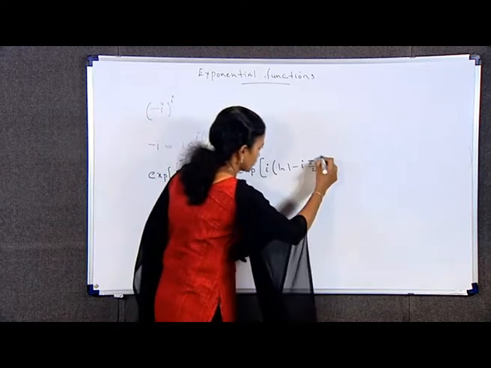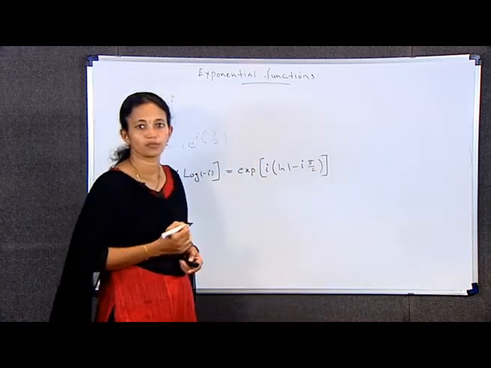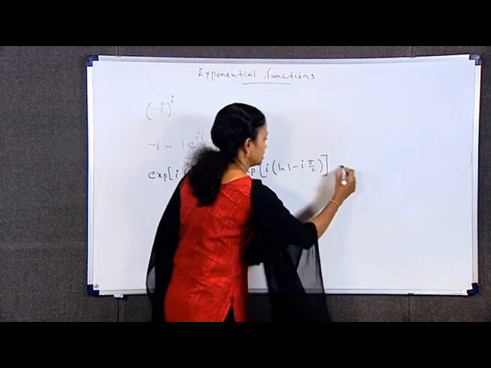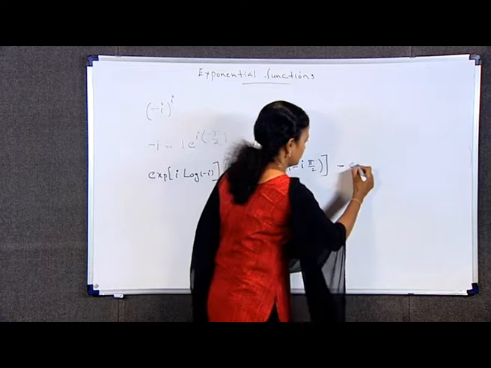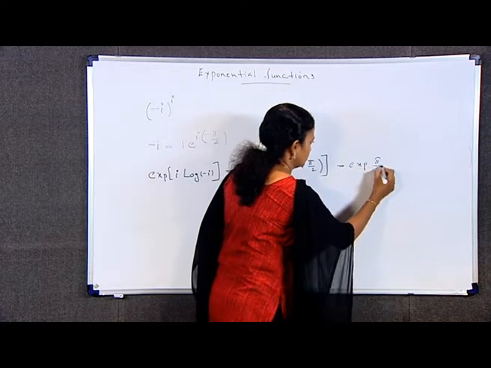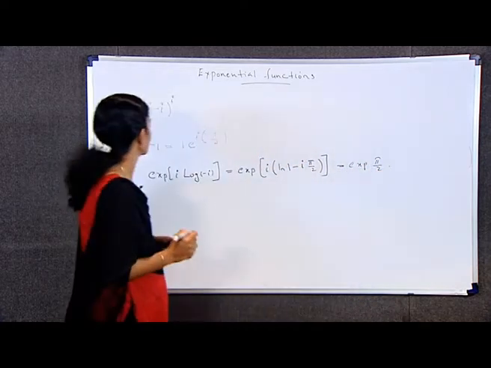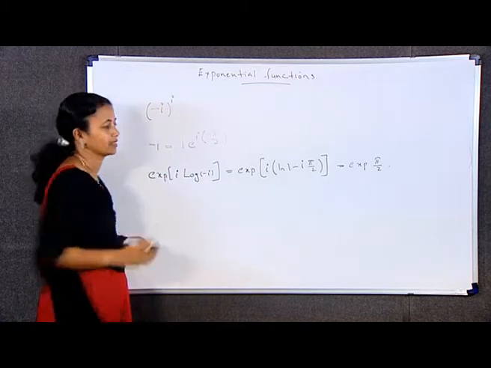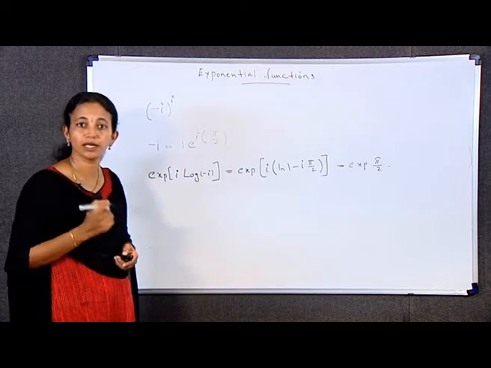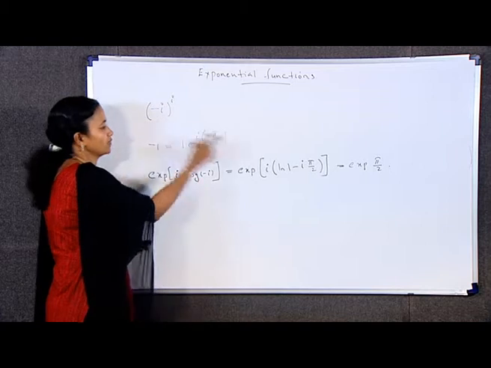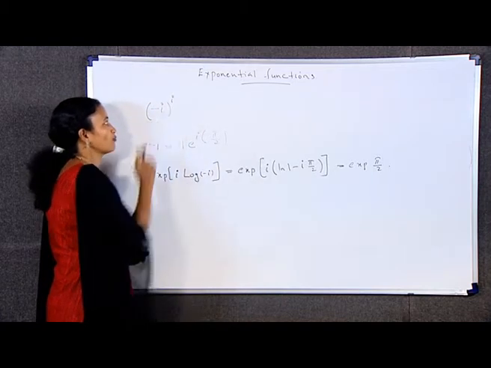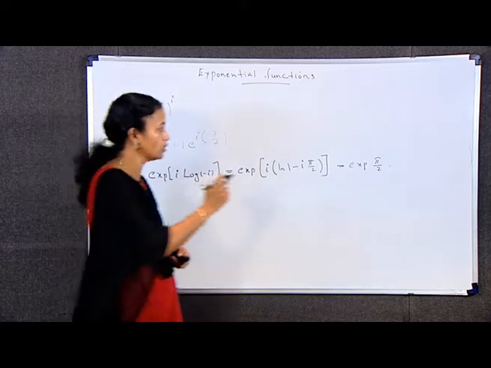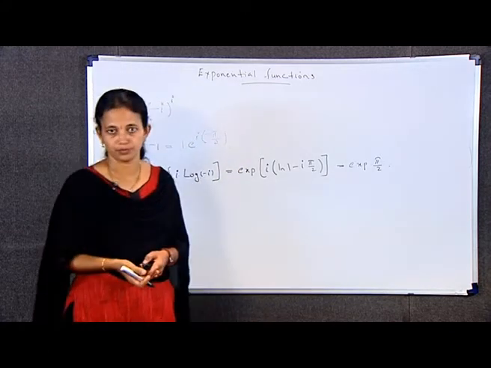Here also I have to close this bracket, which is equal to exponential pi by 2. So, the principal value of minus I raised to I is equal to exponential pi by 2.